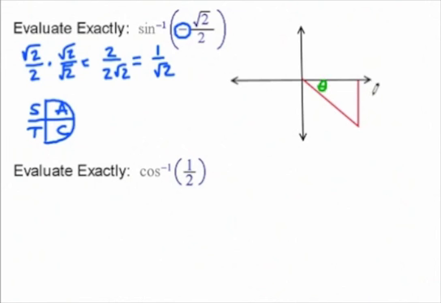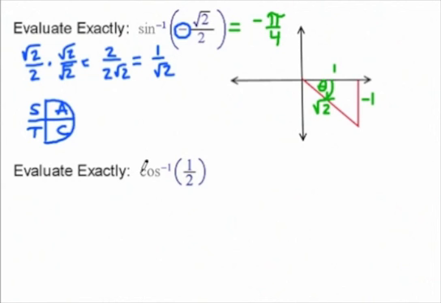Opposite would be 1, and it's going to be negative because it's going down, and then the hypotenuse is square root of 2. Well, angle theta then has to be 45 degrees because this is the special triangle 1, 1, square root of 2. But it's not just 45 degrees, we're going down with it. So this is going to equal negative pi over 4, or negative 45 degrees. So sine inverse of negative square root of 2 over 2 is negative pi over 4.